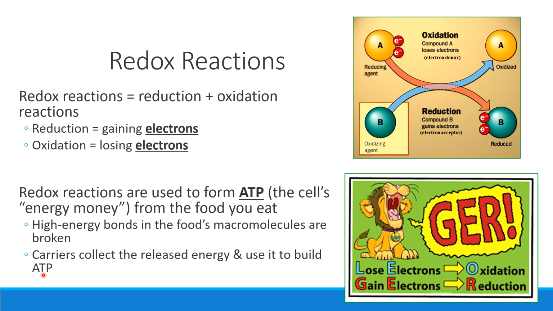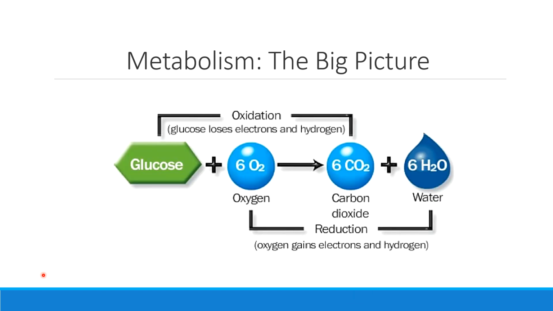When we look at the big picture of the process of metabolism from beginning to end, when you ingest glucose, when you ingest sugar, we oxidize it, meaning we take away some electrons. That's going to turn into carbon dioxide. But because I lost those electrons from glucose, they have to go somewhere else. And that's where oxygen comes in.